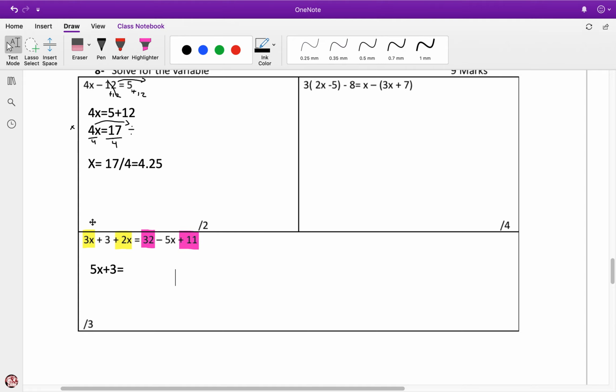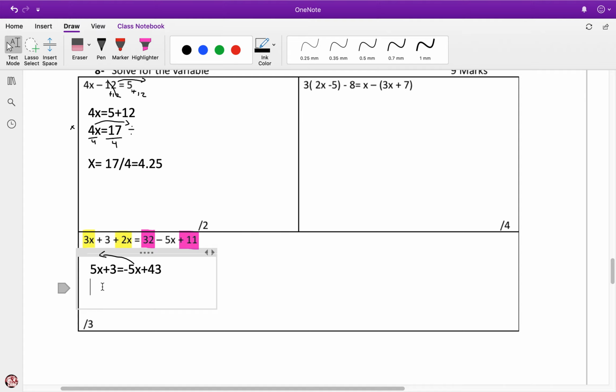So let's combine those. So that's going to equal negative 5x plus, what's that, 43? Right? Plus 10 plus 1. Now I can start moving stuff around. Now I'm going to leave this 5x here because it's larger and bring this 5 over here.